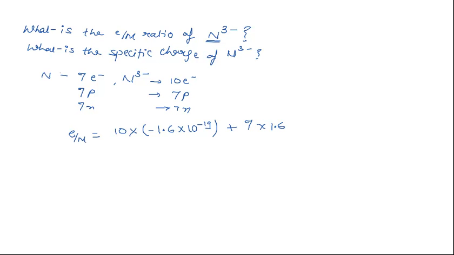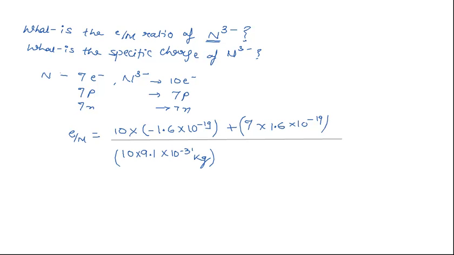So 7 into 1.6 into 10 to the power minus 19 coulombs. Got my point? Now, that is divided by the total mass. So what is the mass of it? That is 10 into 9.1 into 10 to the power minus 31 kg.